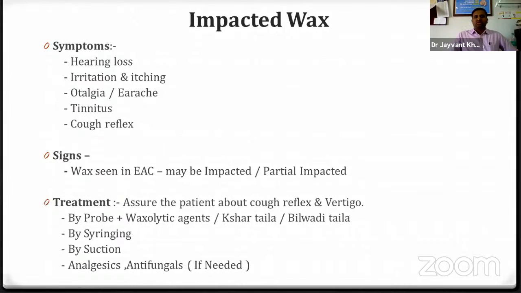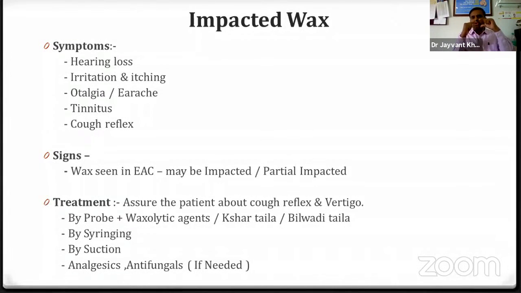Then if there is a condition of impacted wax, first you have to make a pocket for the syringing, and after the pocket formation, you can use the syringing method for the removal of wax. The lumen is totally obstructed by impacted wax.